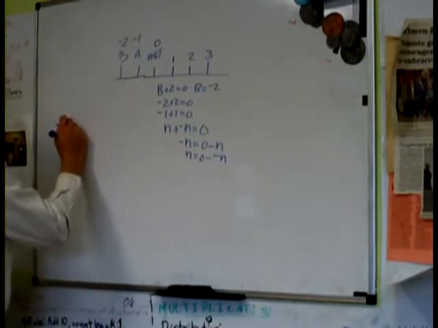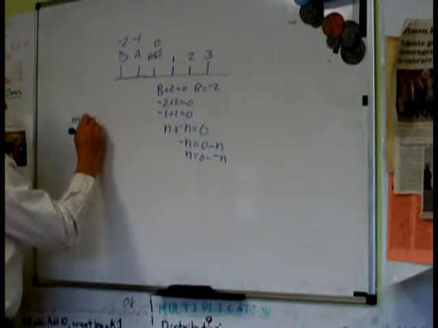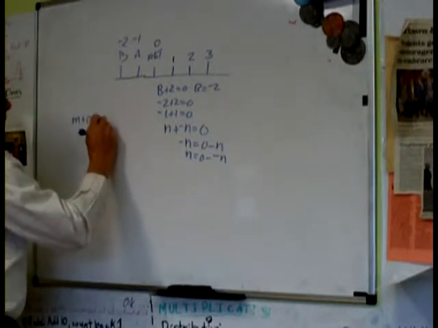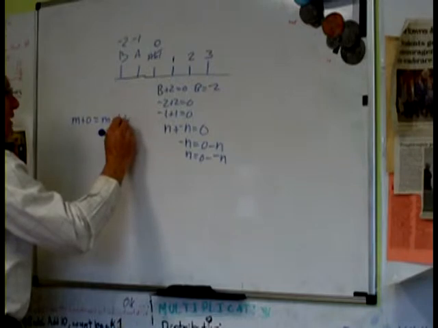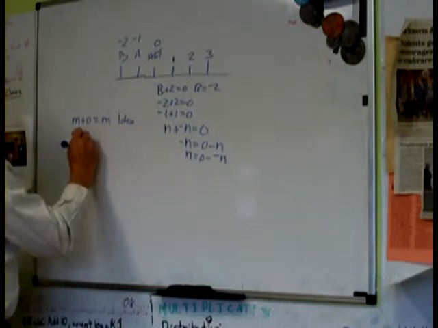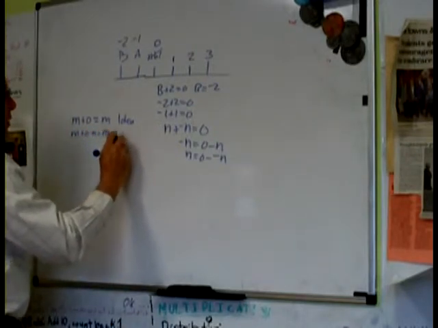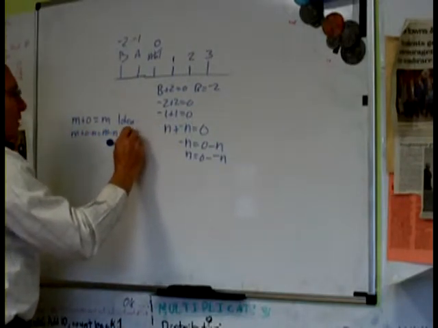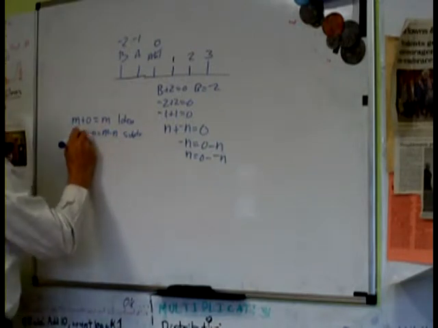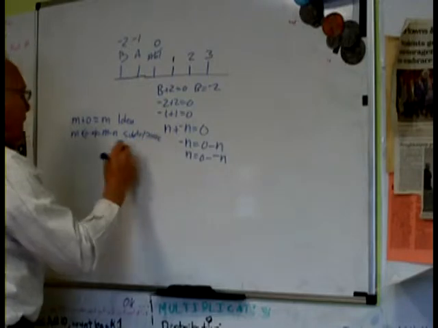So we will start off with m plus 0 is equal to m. This is what we call the identity. Then, subtracting m from both sides, we call this subtraction. And then we will group this, which would be association.